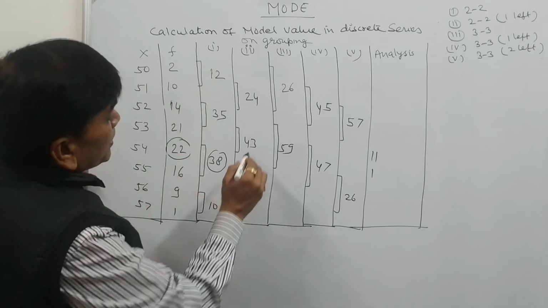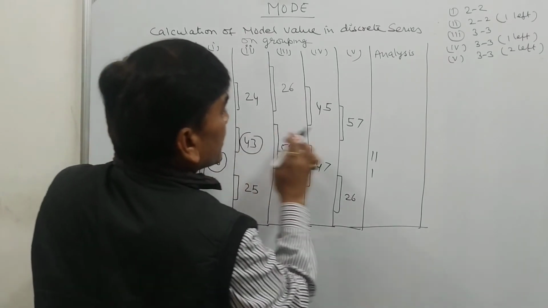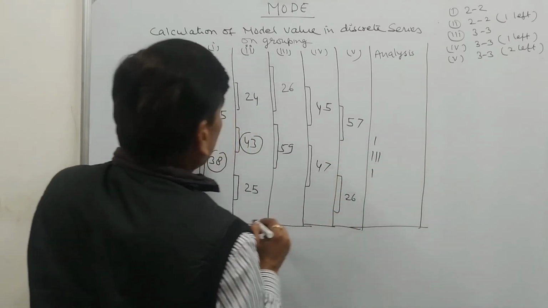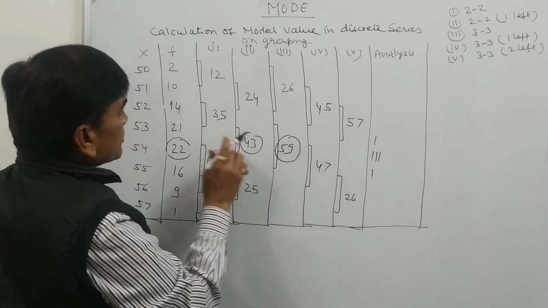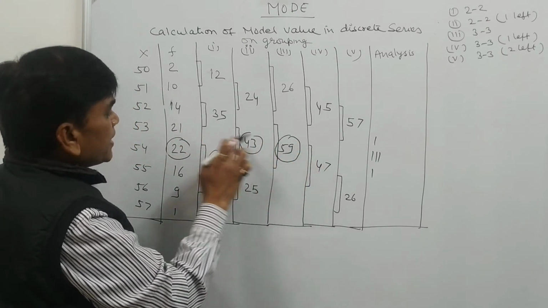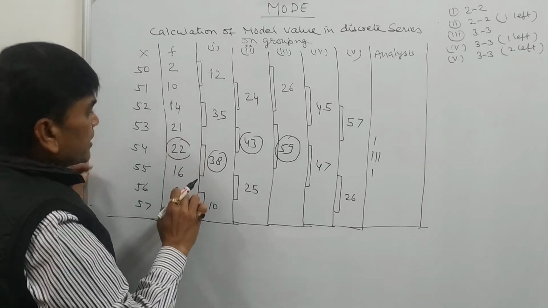In the second, 43 is the highest number, which is the addition of 21 and 22, so we put a tally mark on 21 and 22. In this one, 59 is the highest number, so we will add it; 59 is the addition of 21, 22 and 16, so we put tally marks on all three items.